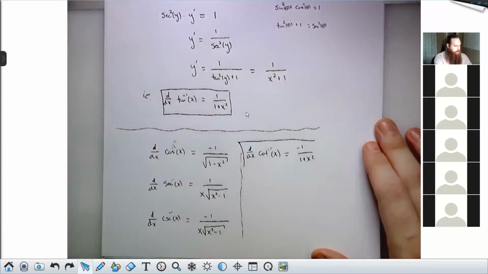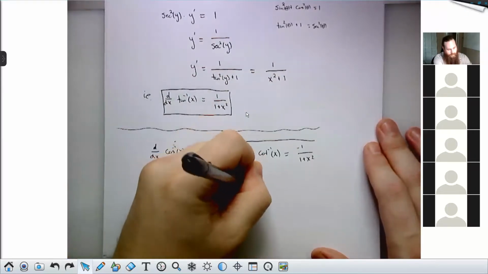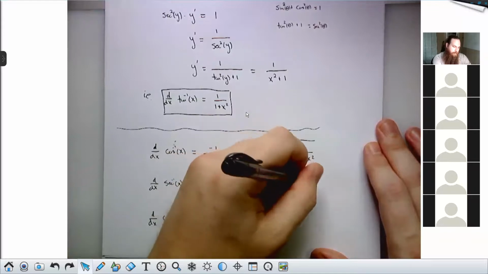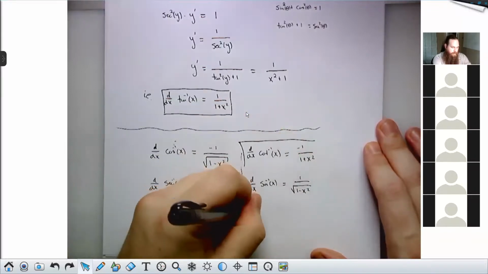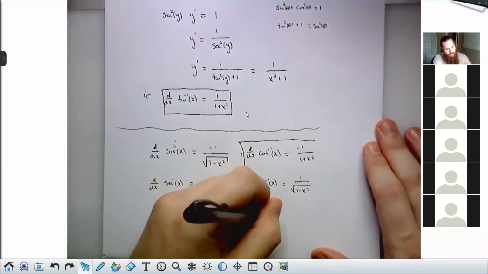So these, together with the ones we already had, sine and tangent, sorry, are the derivatives of all the inverse trig functions.